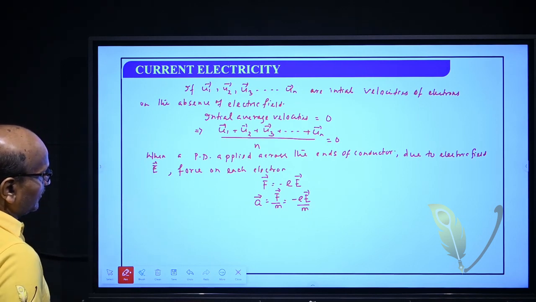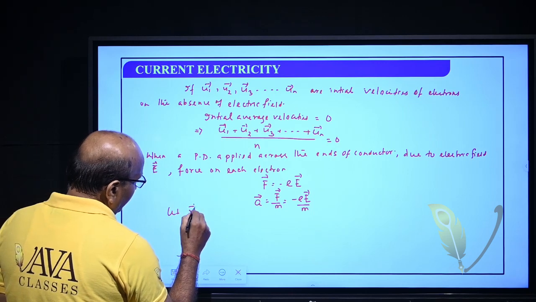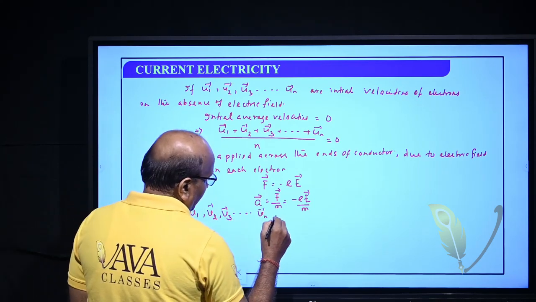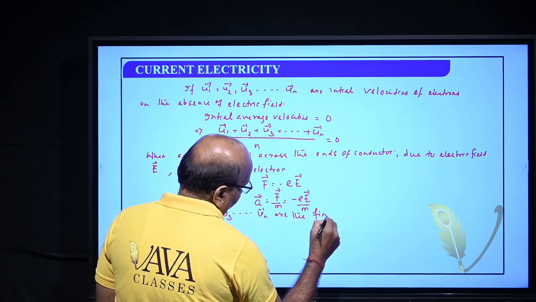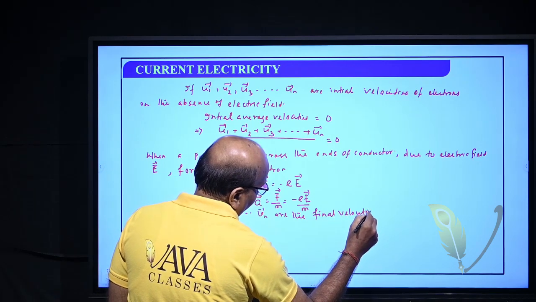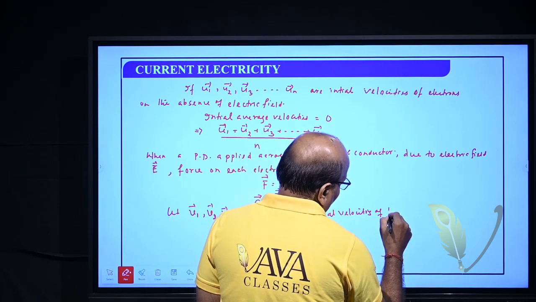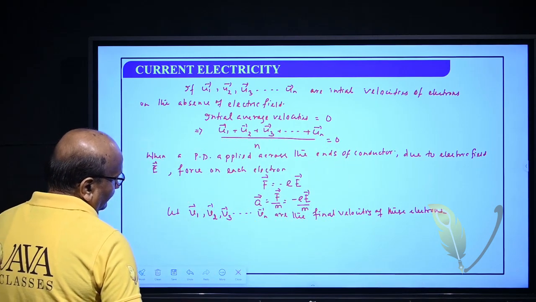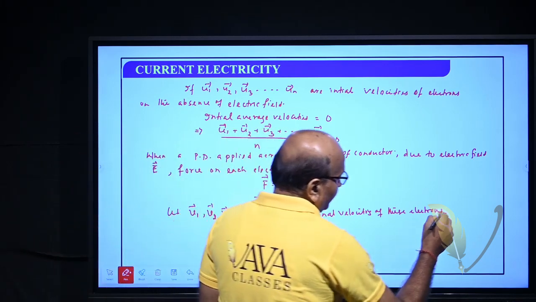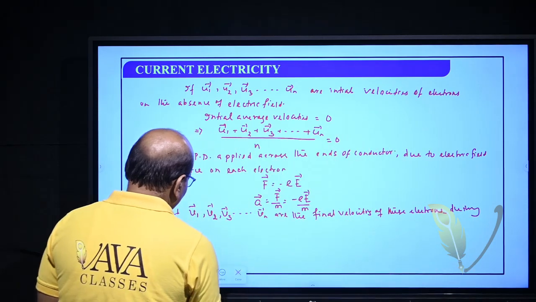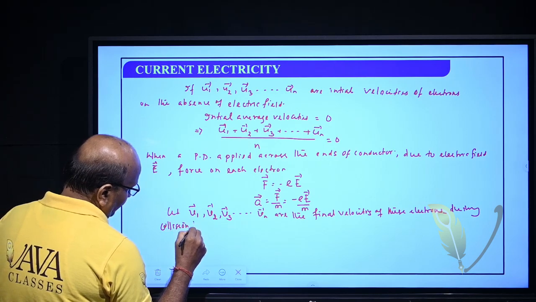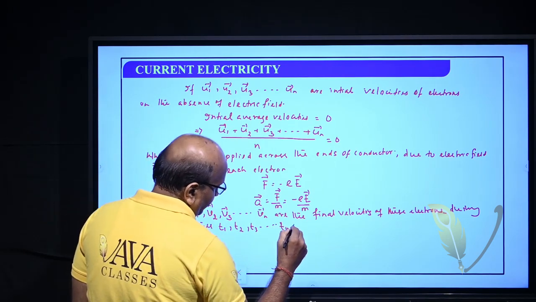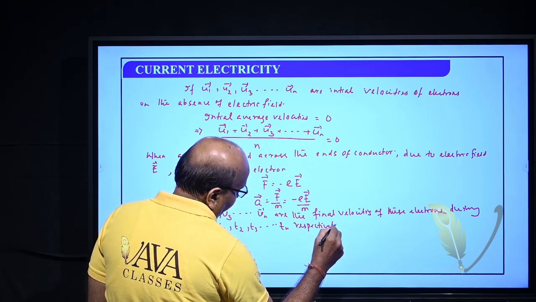So due to this acceleration, let V1, V2, V3 up to Vn be the final velocities of these electrons during collision times T1, T2, T3 up to Tn respectively.